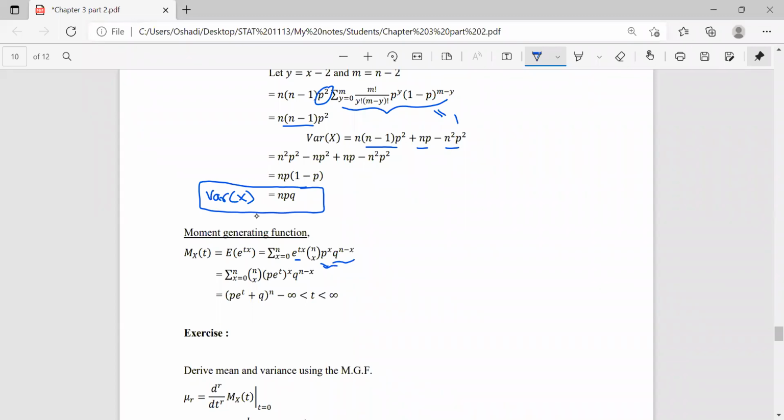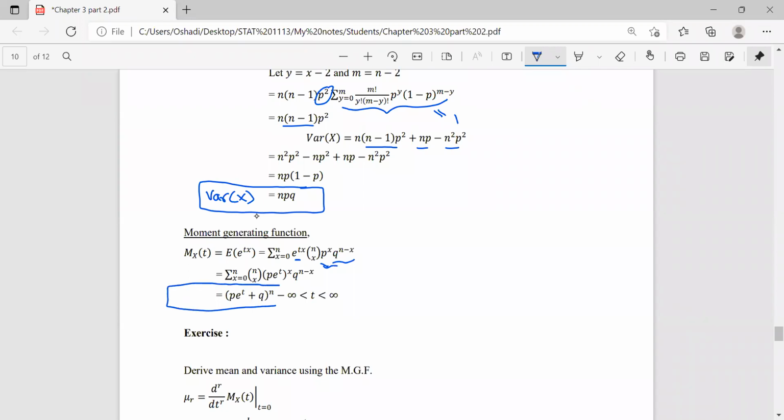By solving that equation, we could end up with this equation.